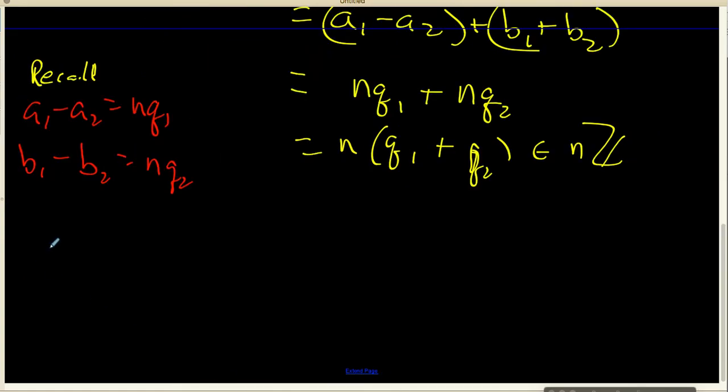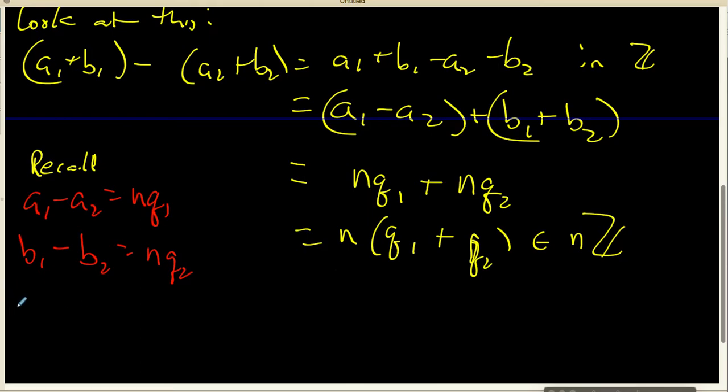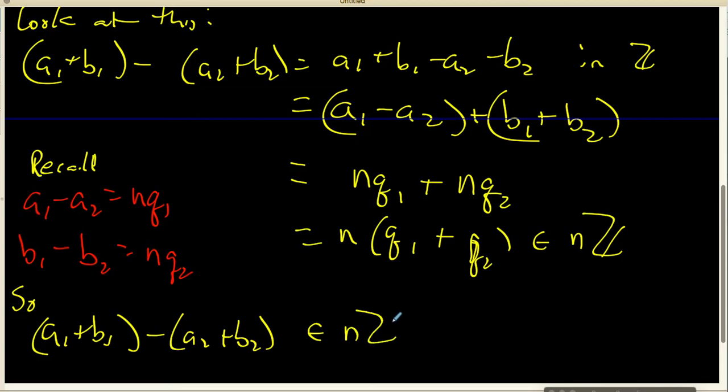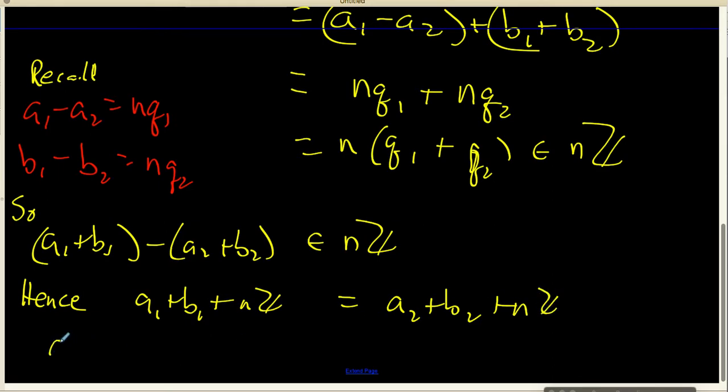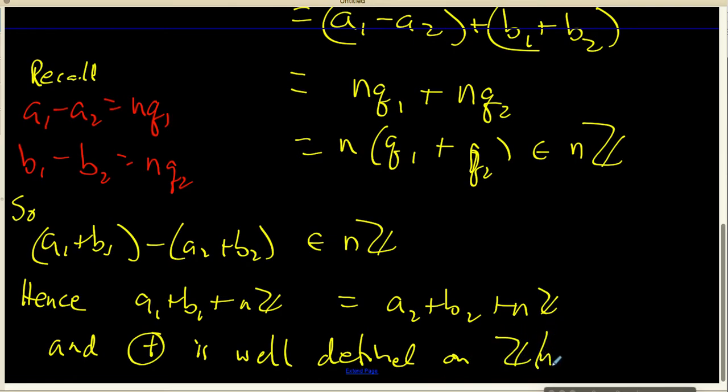In other words, what we have now is that (a1 + b1) - (a2 + b2) does belong to the subring nZ, and hence a1 + b1 + nZ is indeed the same left coset as a2 + b2 + nZ, and that says our addition is well defined on Z mod nZ, the set of left cosets of nZ in Z.